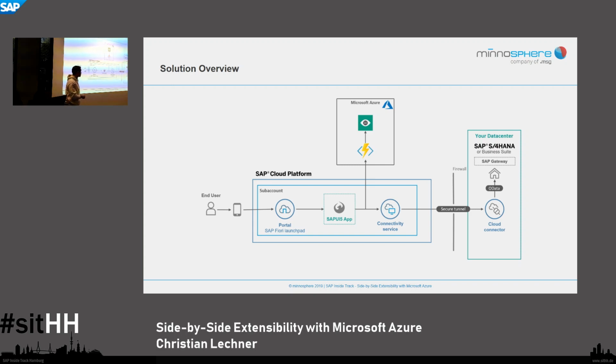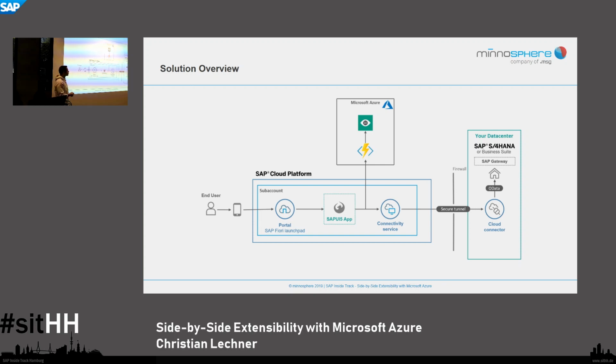Within the UI5 app, we made a breakout to Azure. There we made use of the so-called cognitive services, which are pre-trained machine learning services. There is one service, Vision, which allows you to do the text extraction. It delivers all the texts and all the numbers on a document.